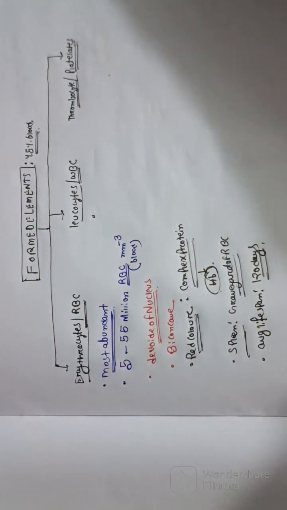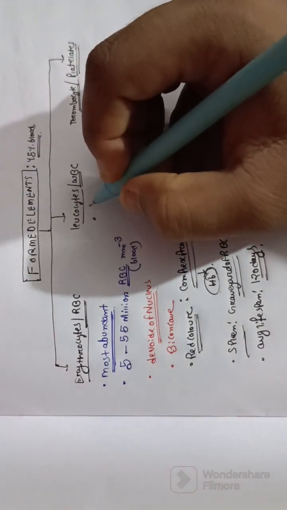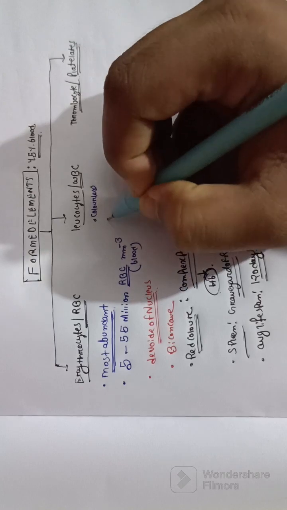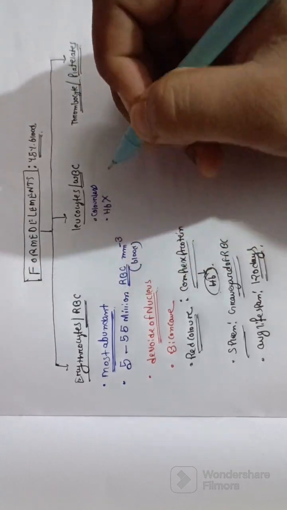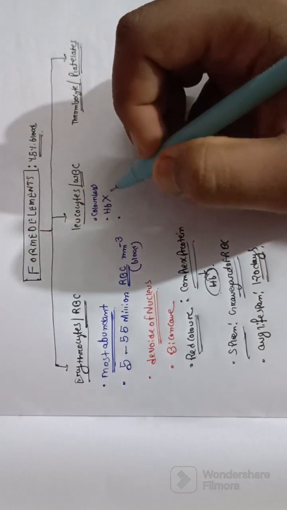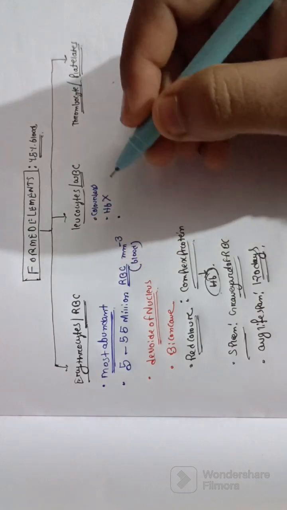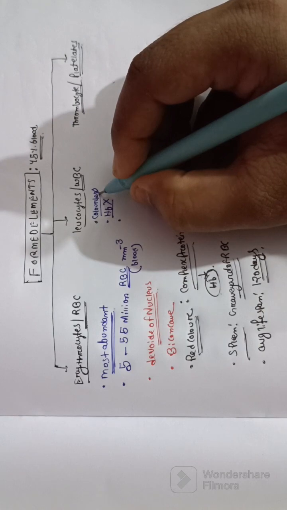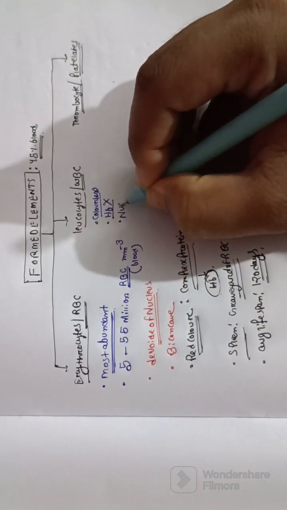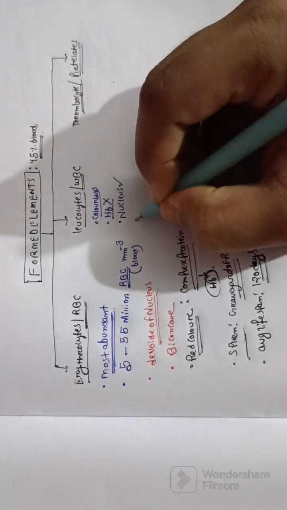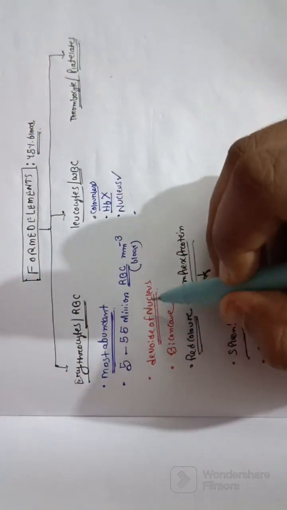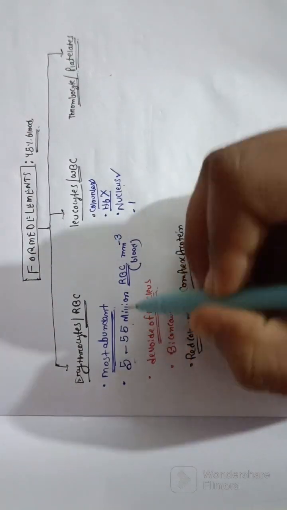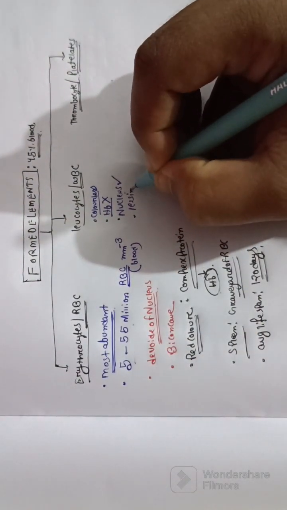Whereas leukocytes are colorless. They do not contain any hemoglobin. In contrast to RBCs, WBCs do not contain any hemoglobin and they are colorless. The RBCs were anucleated, but they are nucleated. RBCs were more in number, but they are less in number.